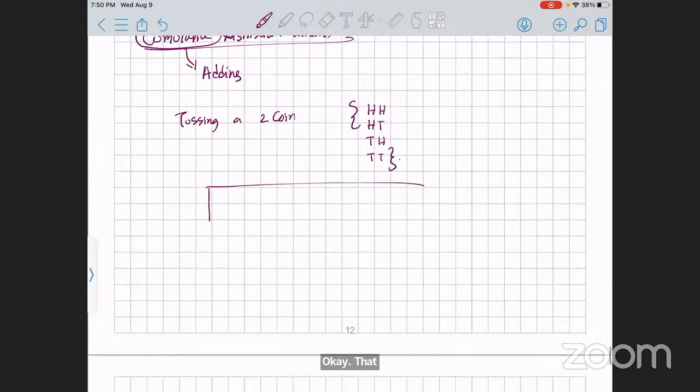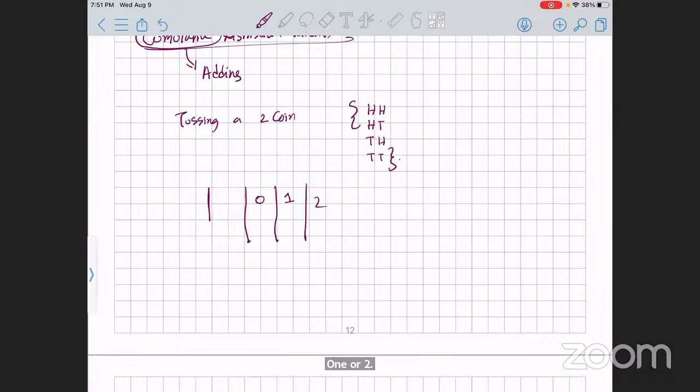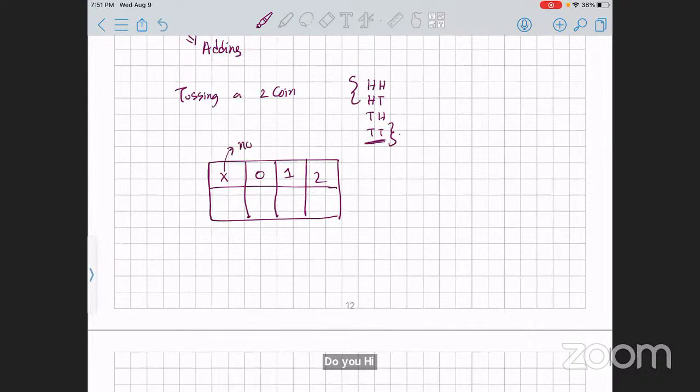Now the random variable X is the number of heads, which can be 0, 1, or 2. 0 heads means 2 tails, so the probability is only 1 by 4. 1 head means these 2, so 1 by 2 is the probability. And 1 by 4 is for two heads.